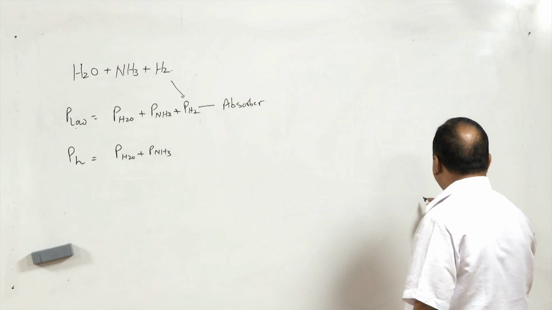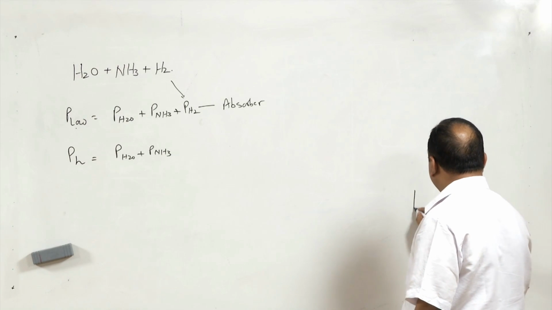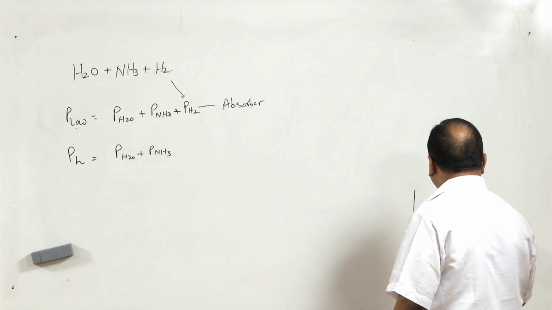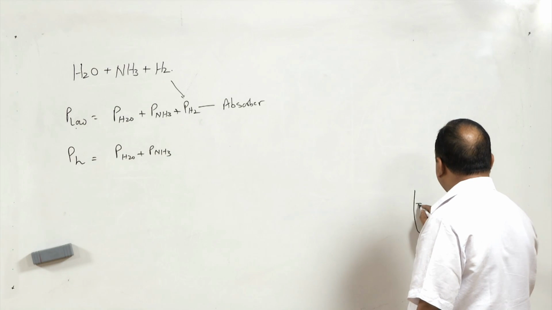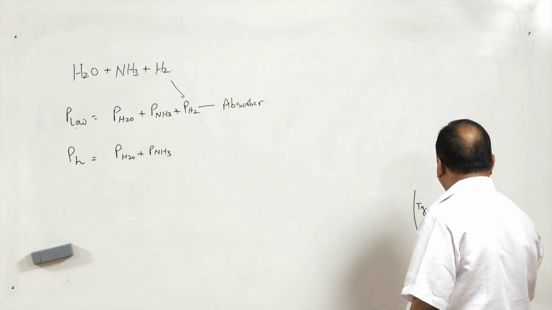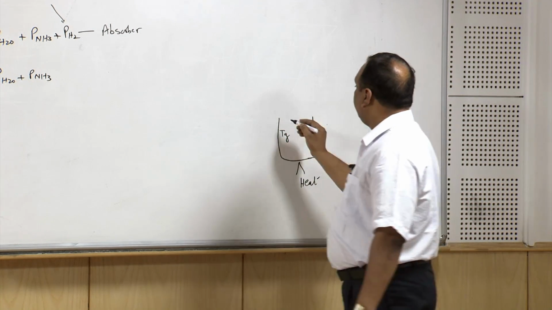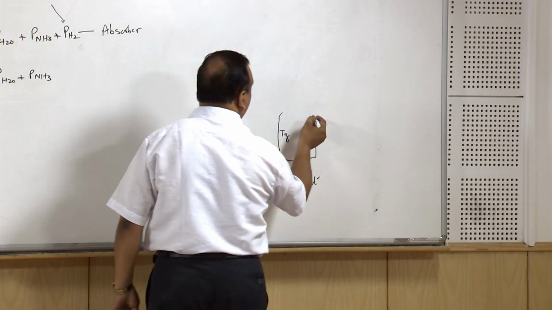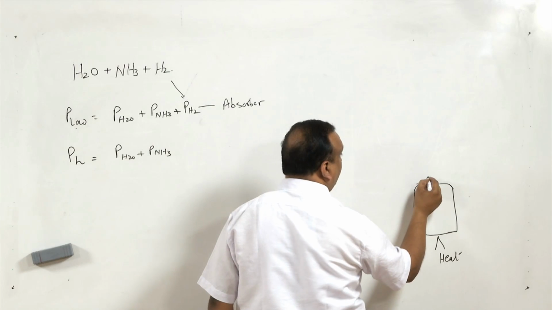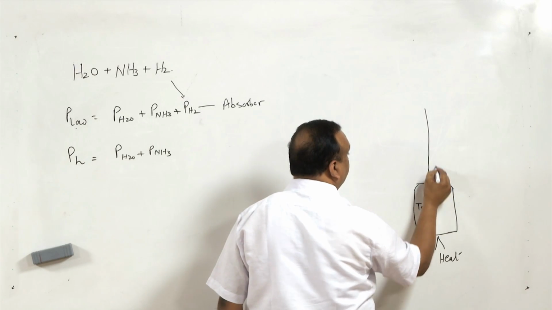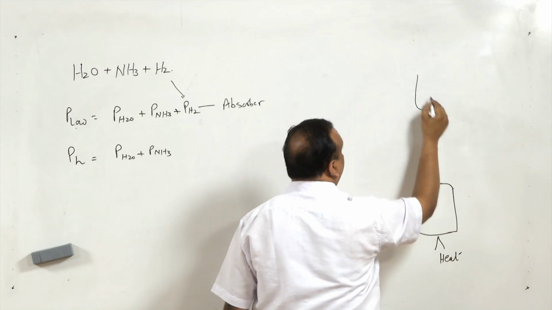So, we will start with the generator. There is a generator which is at Tg, and heat is given to the generator. In the generator, the mixture of vapor and liquid is transmitted to a separator.